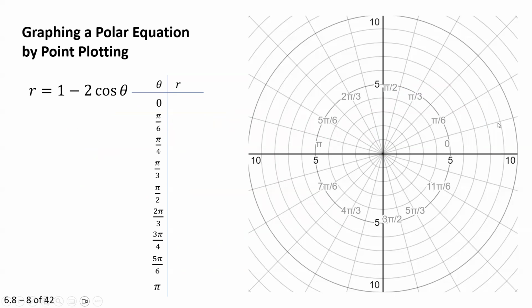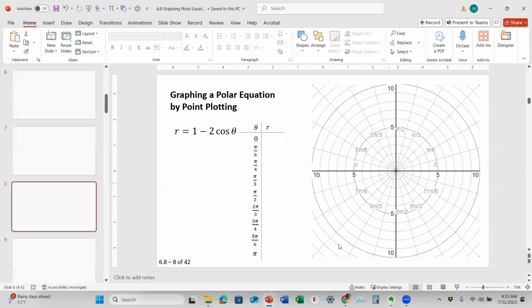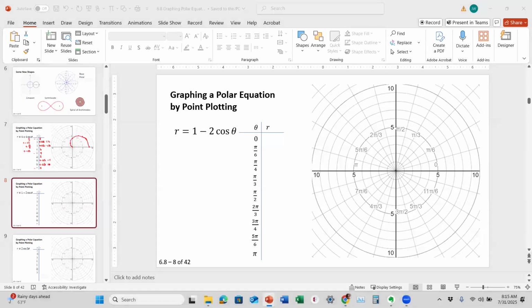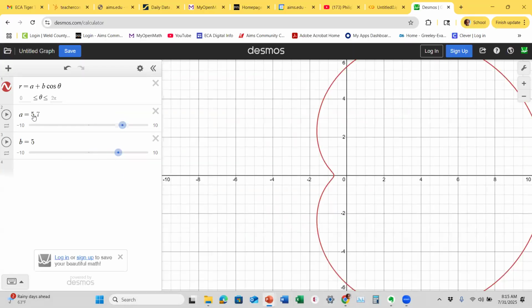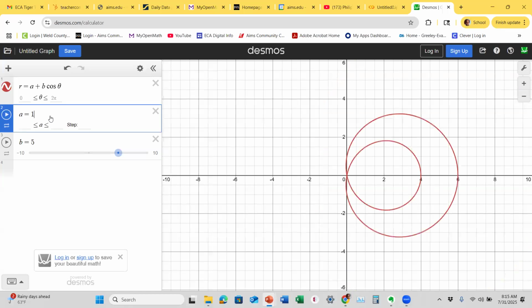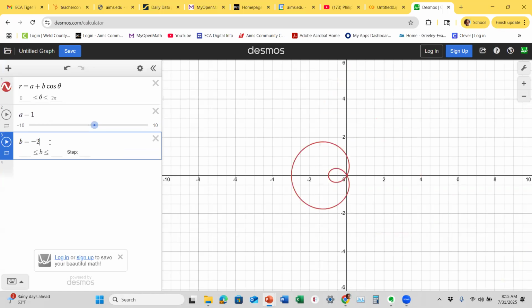So let's do this same one here, but let's see if we can use Desmos to figure out what this is: 1 minus 2 cosine theta. If I switch this back to Desmos here, A is going to be equal to 1, and B is going to be equal to negative 2. Okay.